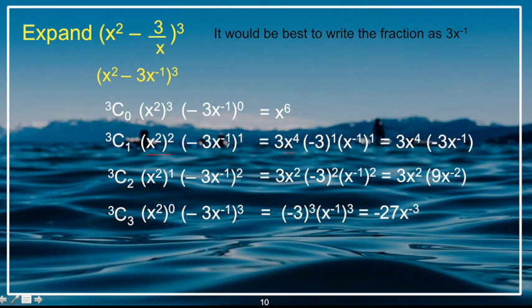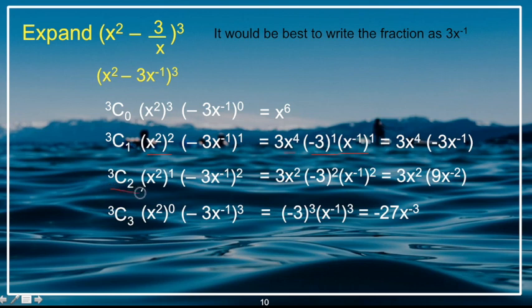And then, since this is just to the power of 1, this is negative 3 to the power of 1, x to the power of negative 1 to the power of 1. So you can also do it this way. Do not hurry, because this will definitely help you not to be very confused.